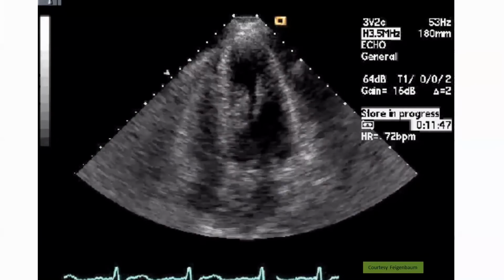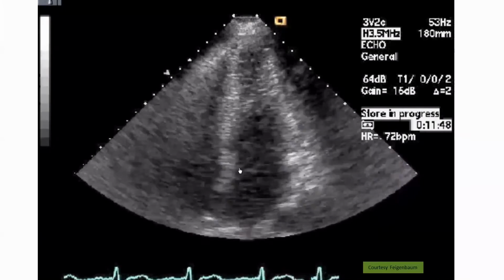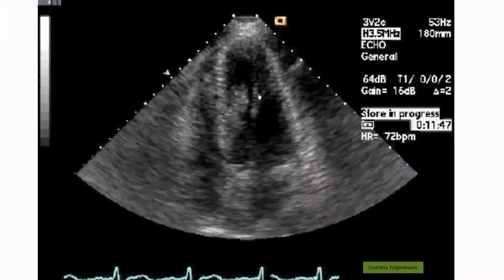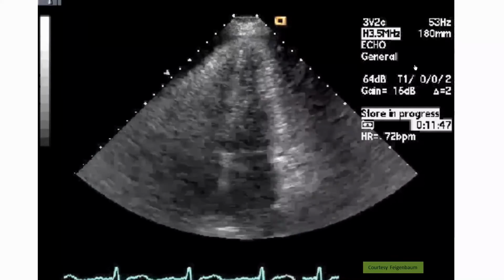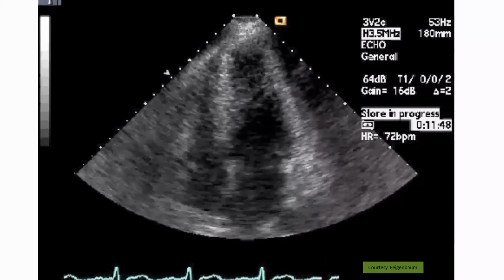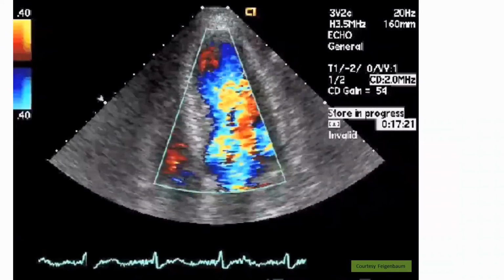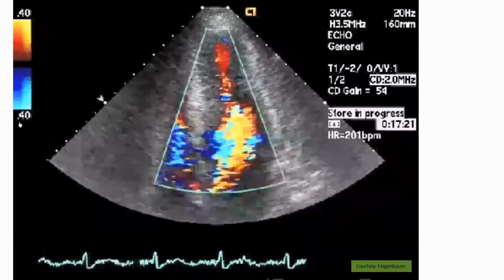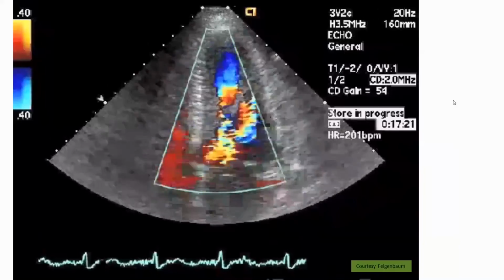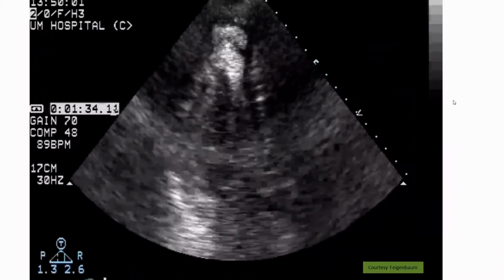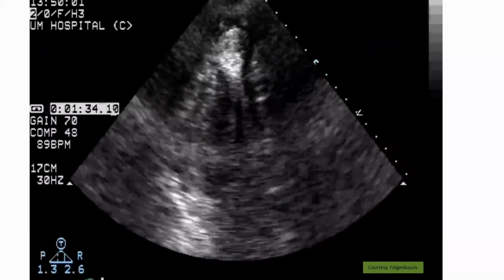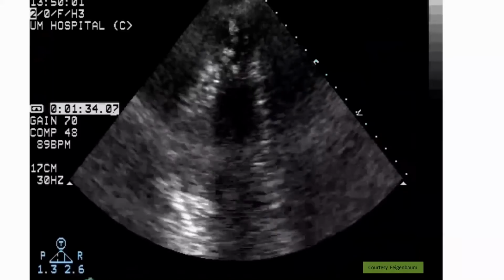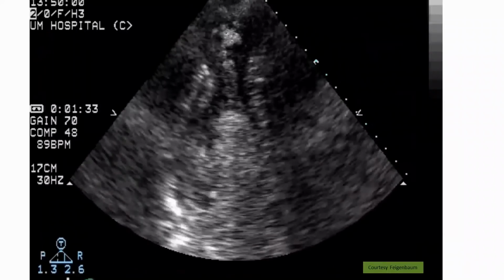Here, this is courtesy of Feigenbaum, which has a mid-cavitary obstruction. It's not quite obvious on 2D, but when you chuck some colour on, you can see there that narrowing and the flow acceleration in the mid-cavity. And quite nicely with contrast, you can see that mid-cavitary obstruction.